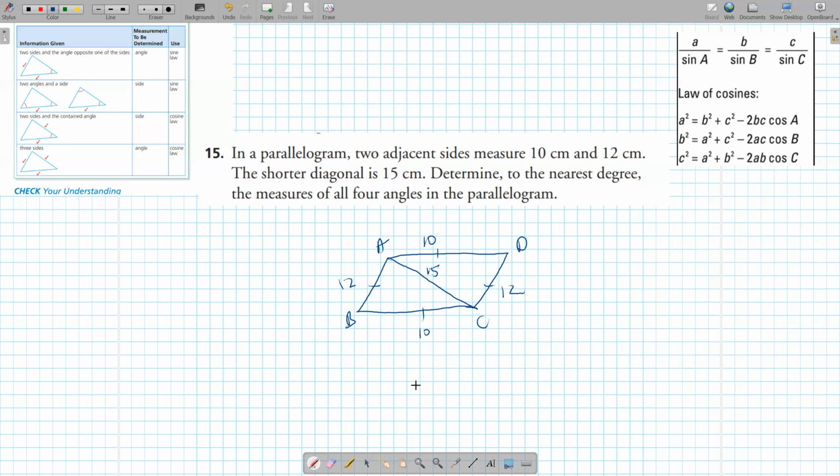Here, I'll give you a hint. In a parallelogram, this angle and this angle add up to 180 degrees.